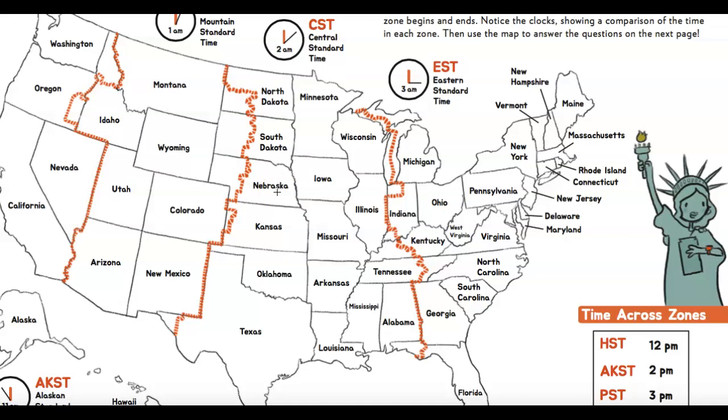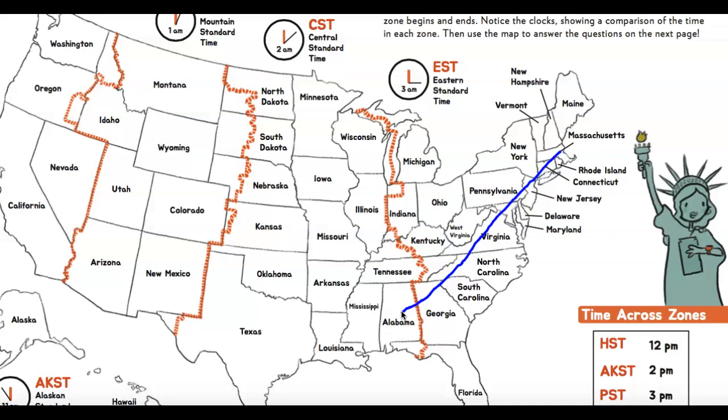Okay? All right, and number 6, Abel and his family are going on a road trip from Massachusetts to Alabama. So here's Massachusetts, and they are going to Alabama, right there. The drive will take 18 hours.